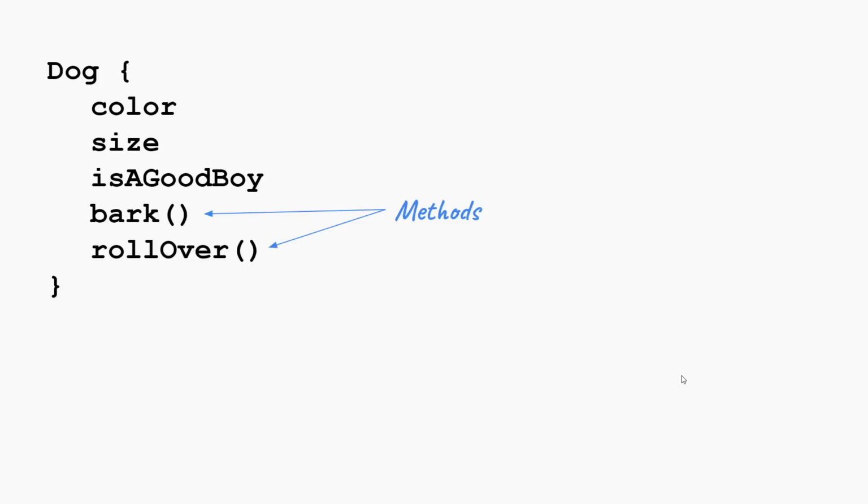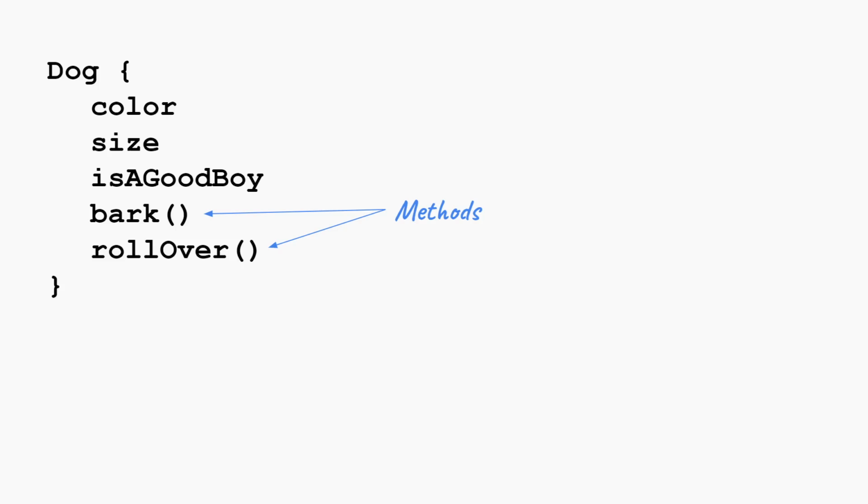And along with this, we might be able to describe certain actions that our dogs can do. They can do things like bark, and they can do things like roll over. And these actions are what we call our methods. So again, we've got our dog class, our object, and then encapsulated within our dog object, we have fields describing it, and we have methods describing actions it can do.